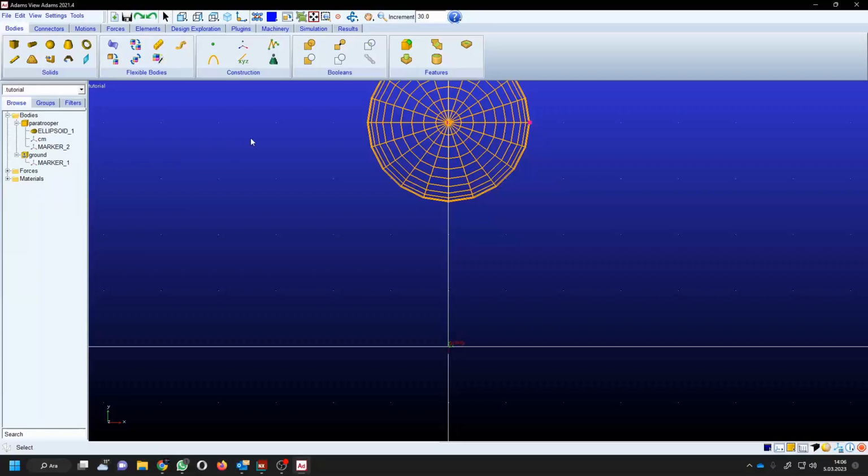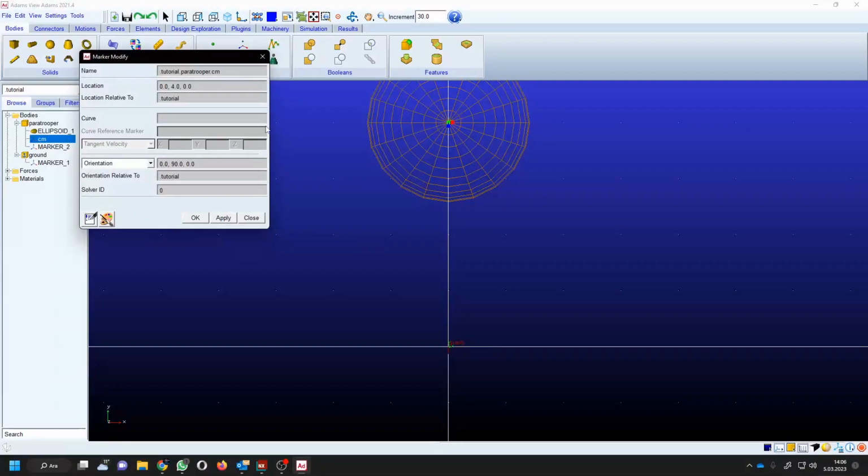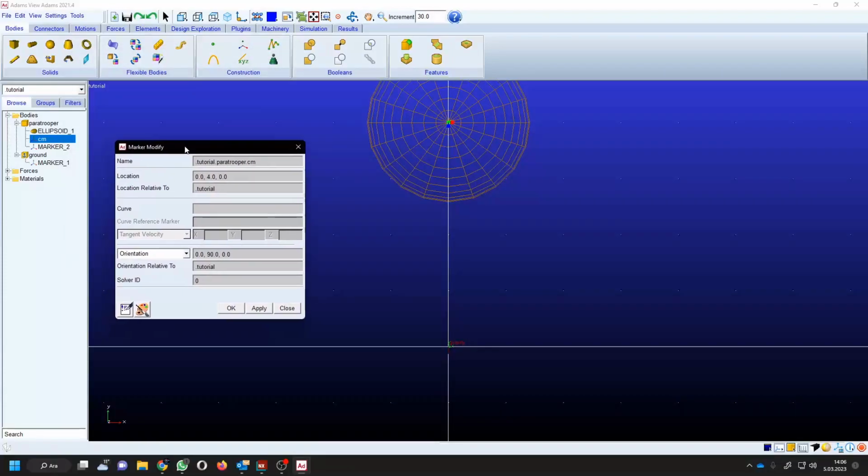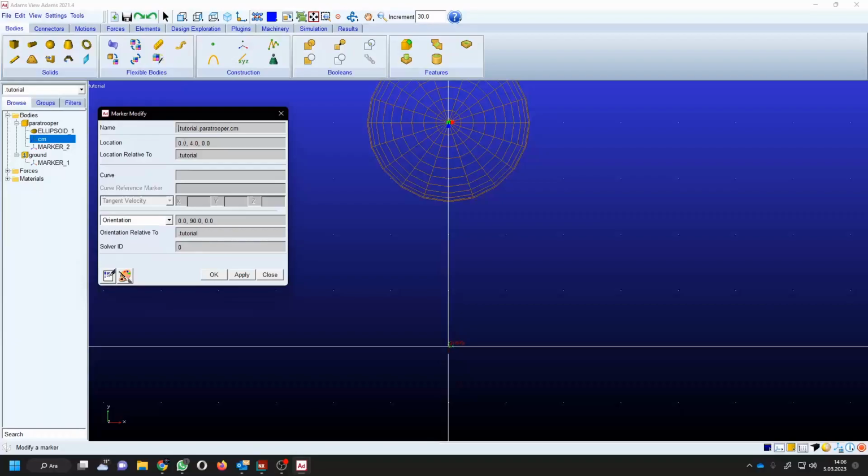Okay, what else we have? So the inertial frame of my body is at the position of y equals to 4. I will change it to 50 meters.